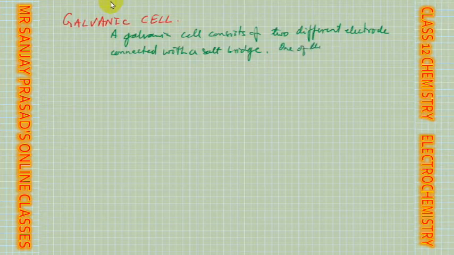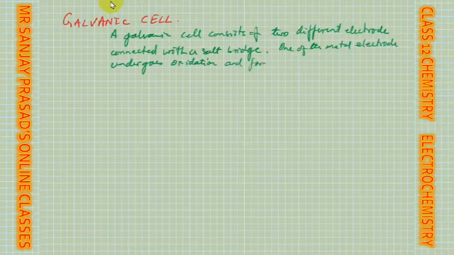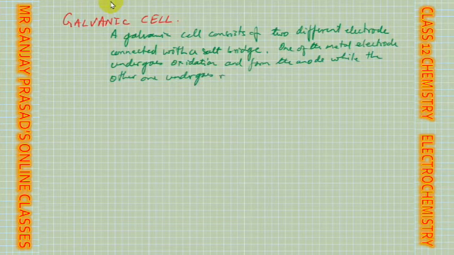One of the metal electrodes undergoes oxidation and forms the anode, while the other one undergoes reduction and forms the cathode.